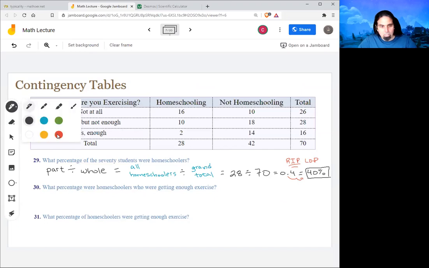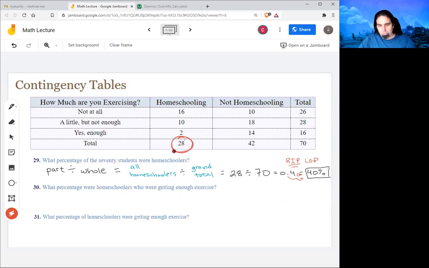Remember, if you go past the edge of the number, you have to sort of put a 0 for that second scoop. So 40% of the students were homeschoolers. They were in this homeschooling side of things.